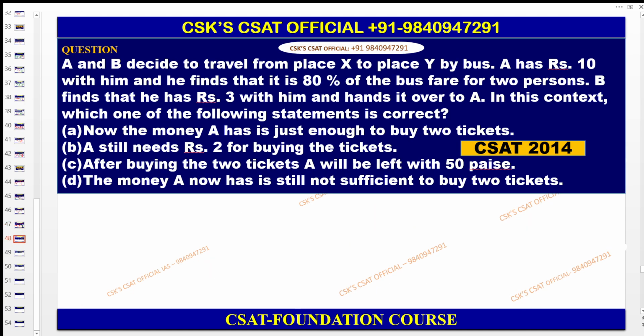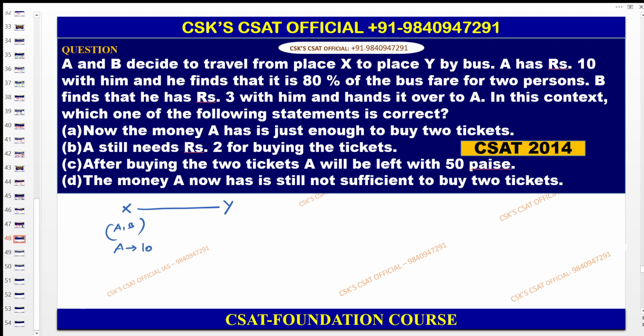Fine. So please, don't get panic by seeing the lengthy questions in the examination. This is also very simple only. A and B decided to travel from X to Y. A has rupees 10.